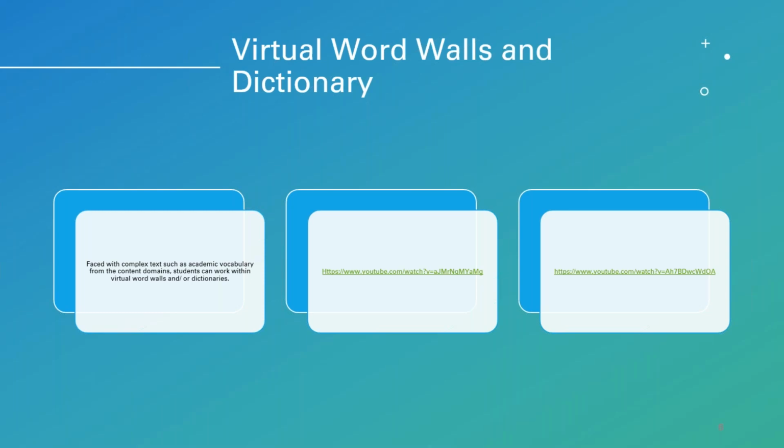The video itself from YouTube provides a tutorial on how to create a virtual word wall across the content areas. It introduces teaching vocabulary in social studies and in history specifically. But the concept can be used interchangeably in all areas.